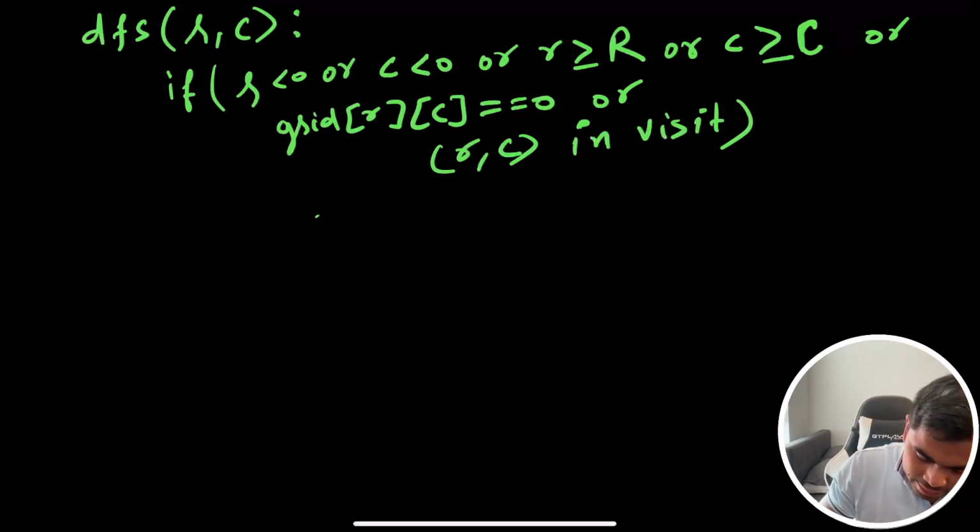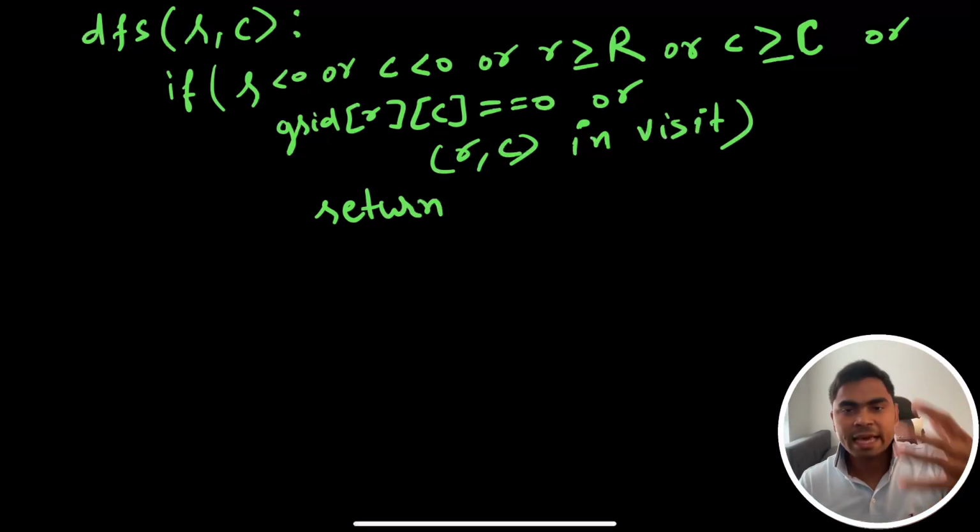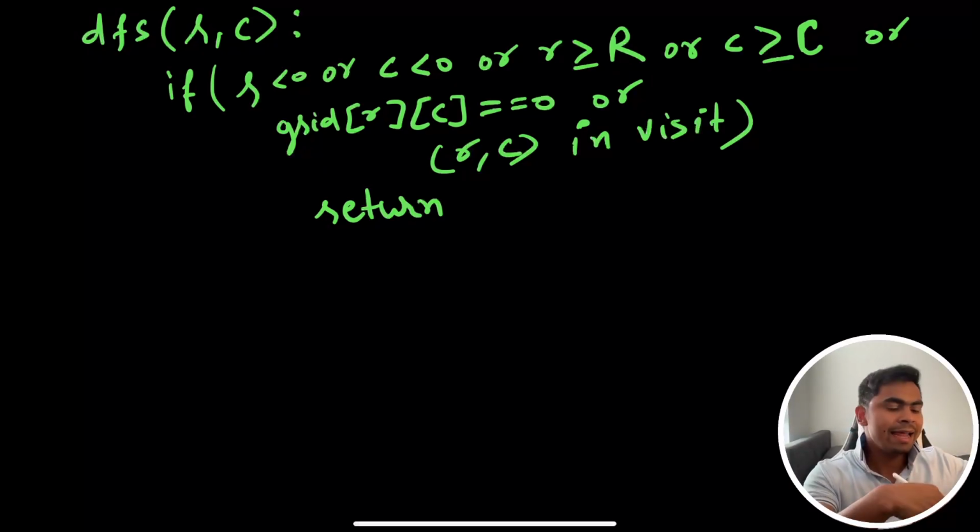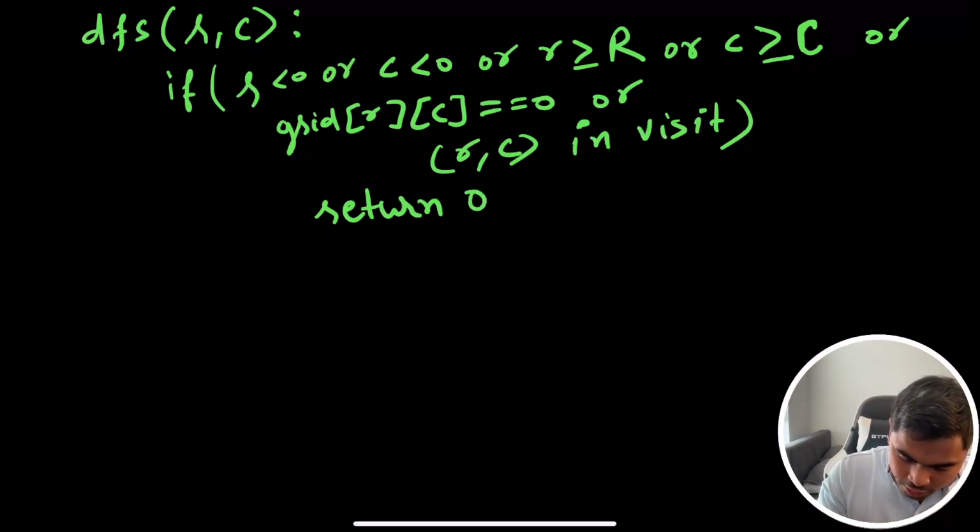If this is the case, then I'm going to return 0, because then I'm not covering any area, so I don't have to add it to this island's area. So I'm going to return 0.